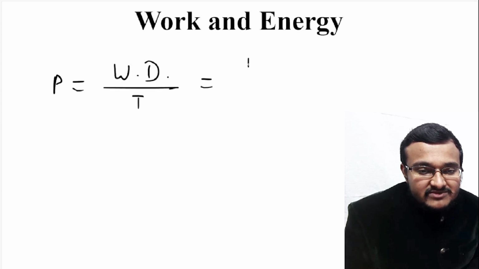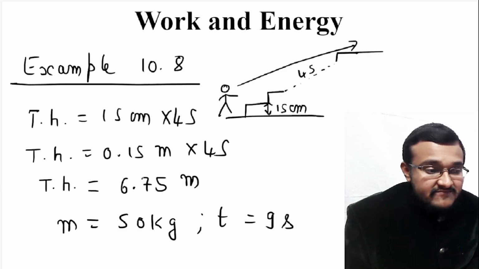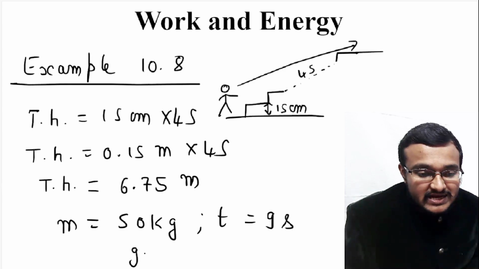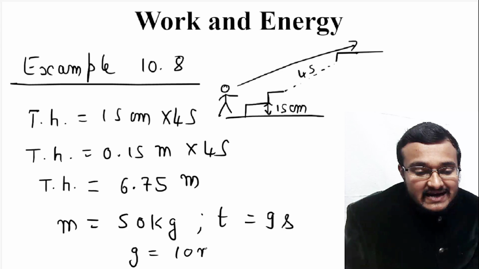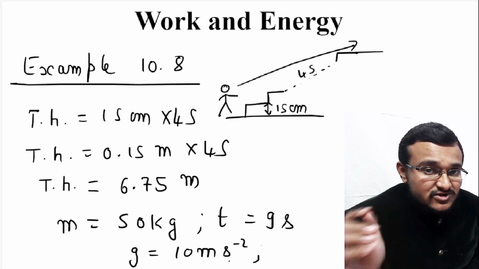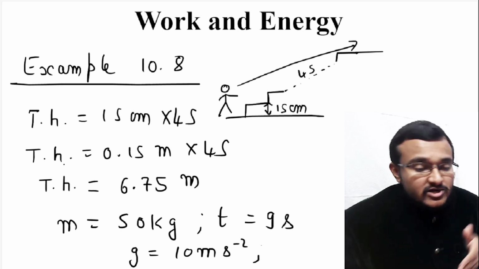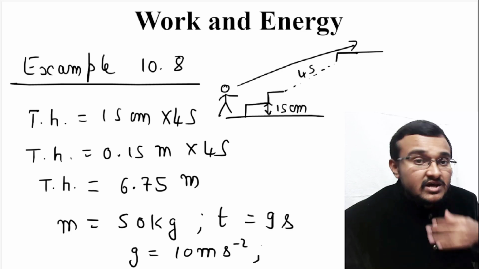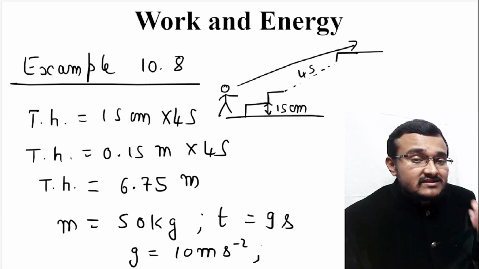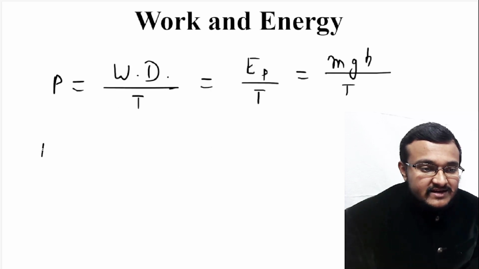Work done by time is potential energy divided by time, that is mgh divided by time. Here they have given acceleration due to gravity as 10 meter per second square. Whenever they mention it, you take whatever is given. Whenever they don't mention it, you take 9.8 meter per second square. Here they have mentioned 10, so we take 10.